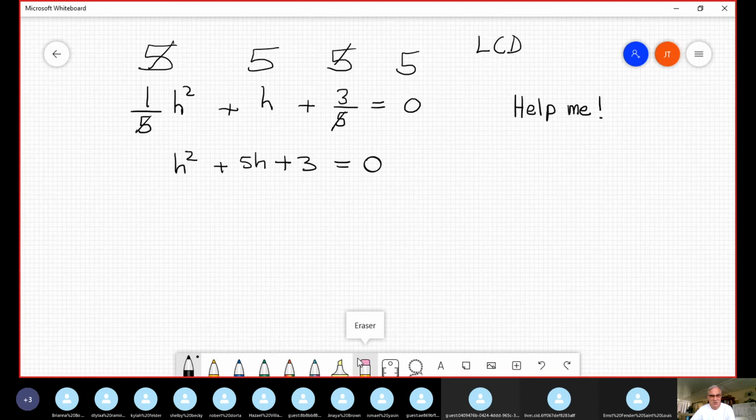Okay, so now, by factorization or quadratic formula, what do you think? Brian, finish helping me. Quadratic formula or factorization? Okay, look, factorization: you analyze 3. 3 is a prime number.